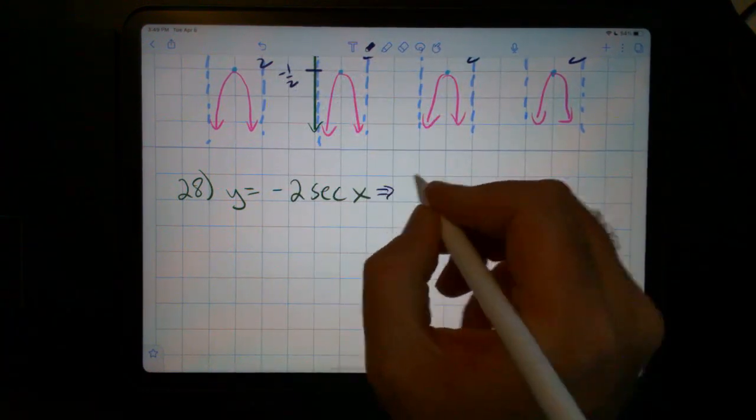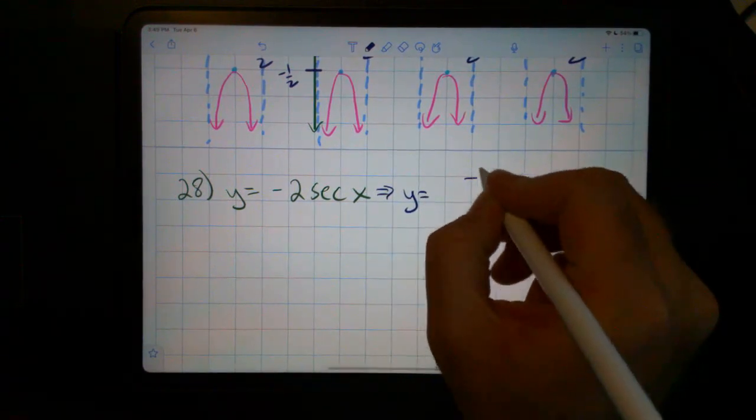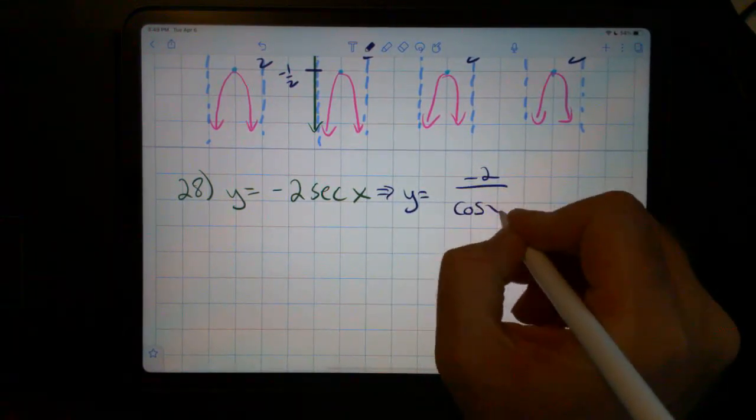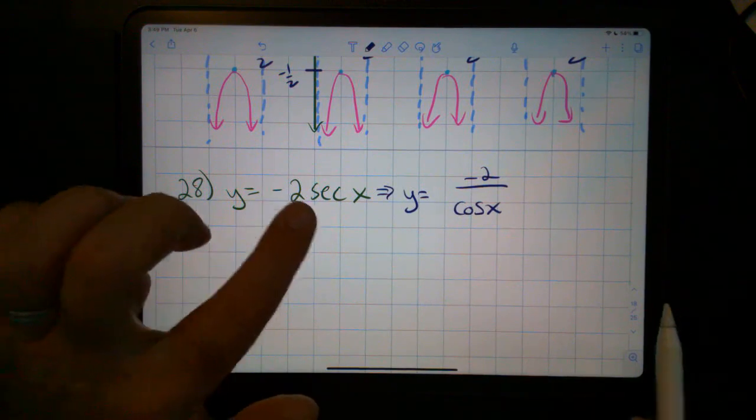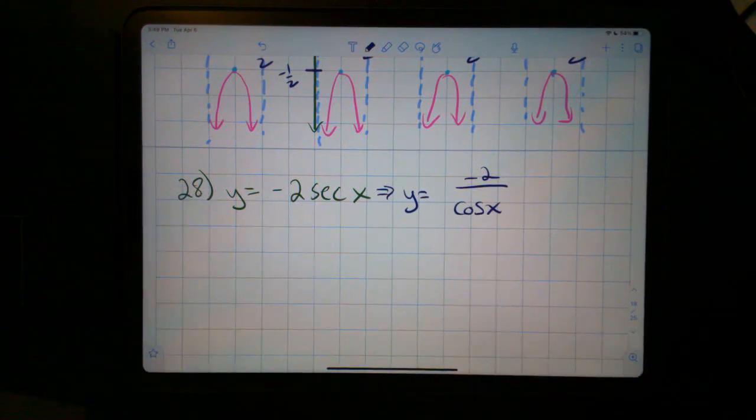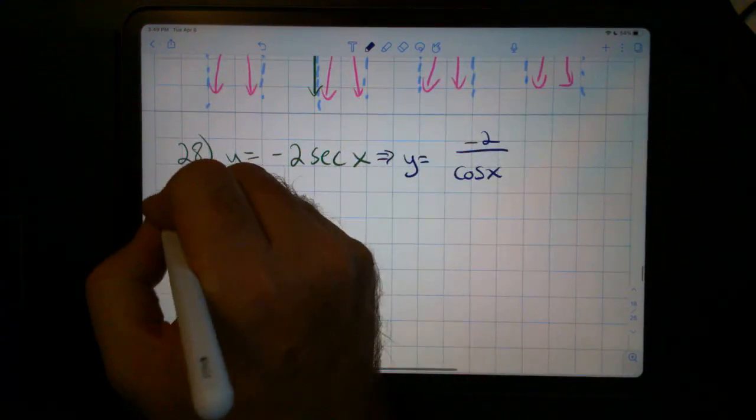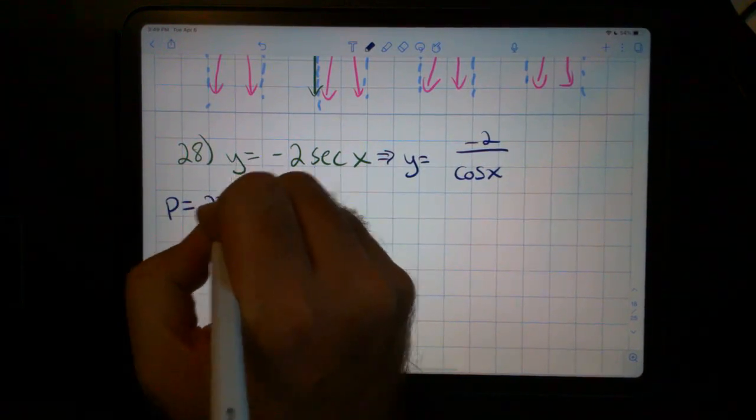So this is the same thing as y equals -2 over cosine of x, because secant is 1 over cosine. Our period is going to be 2 pi over b.